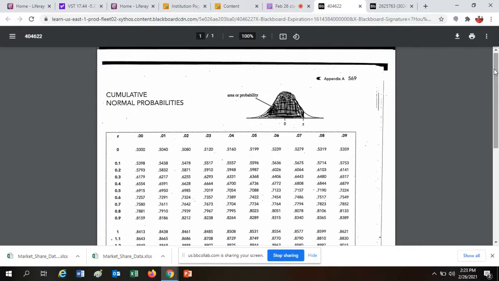One thing that I absolutely recommend that you do, regardless of how frequently you use normal tables, is look to see whether there is a diagram on the top of the page that shows you what it is that the tables show.